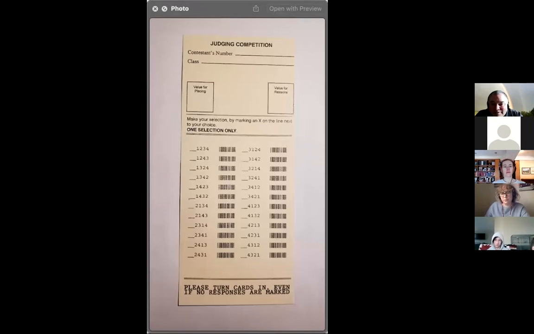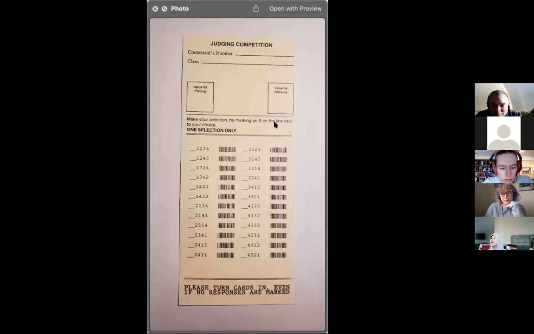But you have this one over here that says value for reasons. This is where your talking makes up the difference. If you can explain why you placed that class in a different order from the official one and do a good job of it, you can get points right up to 50 points as well. So it says make your selection by marking X.